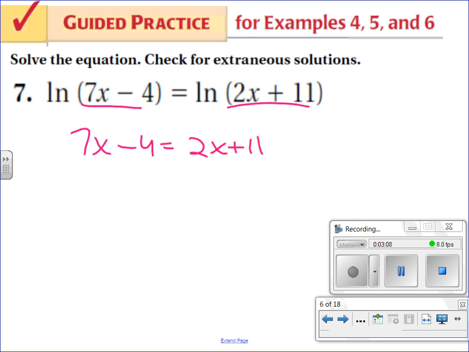So same deal. Go ahead and you guys take it from here, solve it all by yourself on your paper, and look up when you're ready to check.